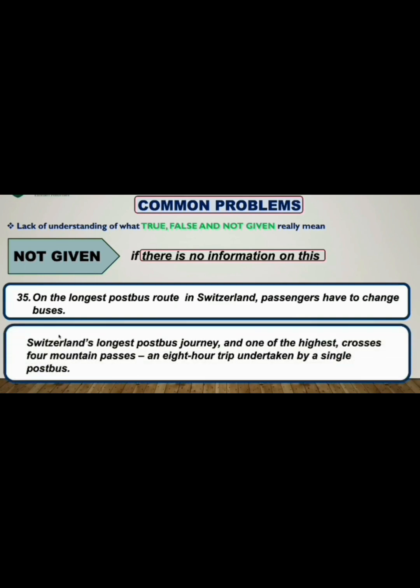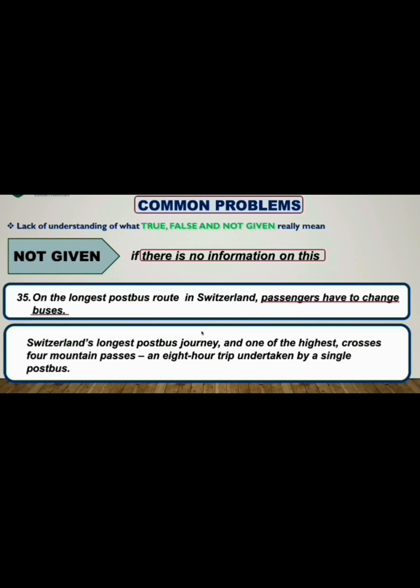It says Switzerland's longest post bus journey, in one of the highest, crosses 4 mountain passes, an 8-hour trip undertaken by single post bus. Many IELTS students, when they want to answer this question, will look at this statement here, passengers have to change buses, and then look in the text to see if the passage mentions anything like passengers have to change buses.